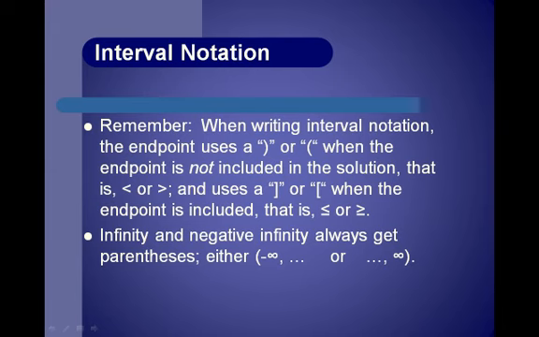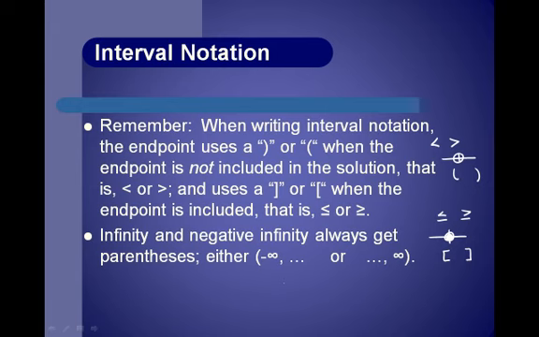Just to refer this back to what you used to, if it's less than or greater than, that's the open circle, that's the parenthesis. The less than or equal to, greater than or equal to, that was the closed circle, which is now the bracket. The second note says infinity and negative infinity always get a parenthesis.